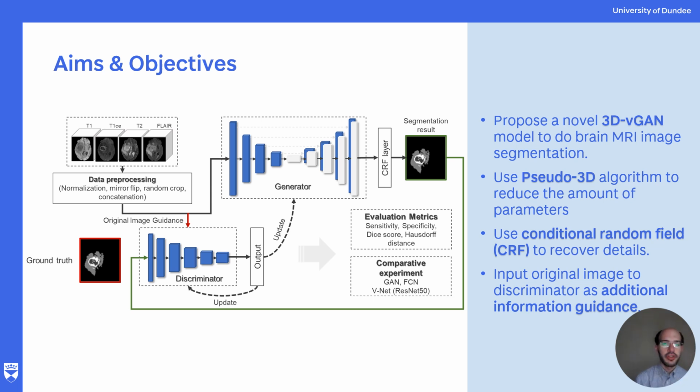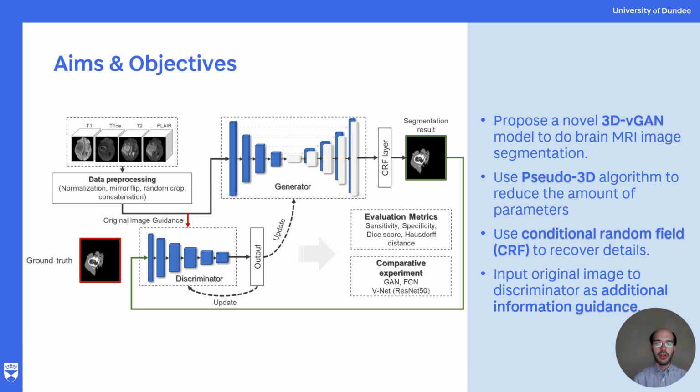The output of the generator is then sent to the discriminator, which is used with the guidance of the image and the ground truth, and the discriminator needs to decide on whether the image is fake or real. The output will then be used to update the parameters of the generator and discriminator in a min-max fashion.